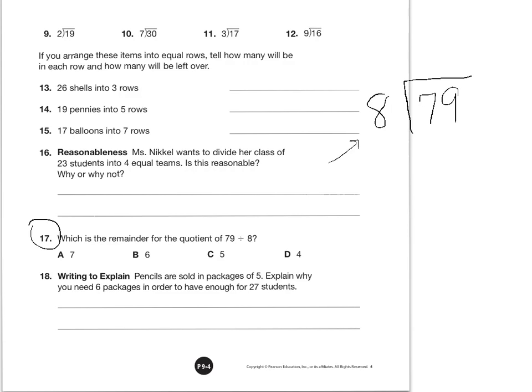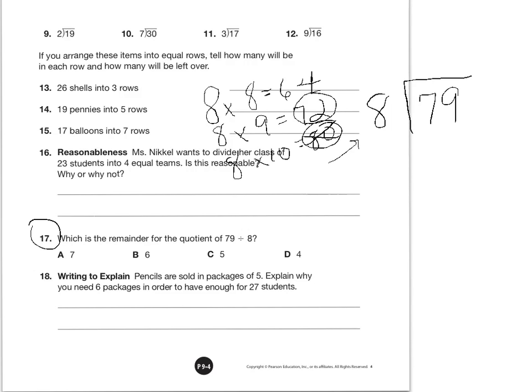If I was counting by 8, I could do that, but because we've been working so much on multiples of 8, I know that 8 times 8 is 64, which would work, but I think I could get even closer to 79. 8 times 9 is 72, and then 8 times 10 is 80. 80 would be too high. That would be past 79, so I don't want to use 80, but I can use 72.